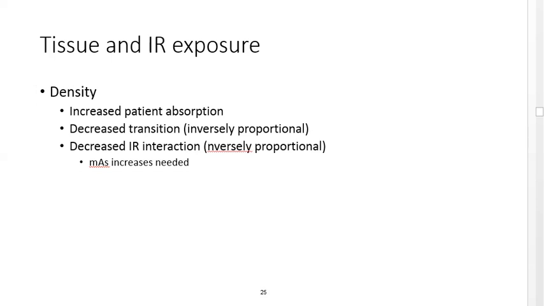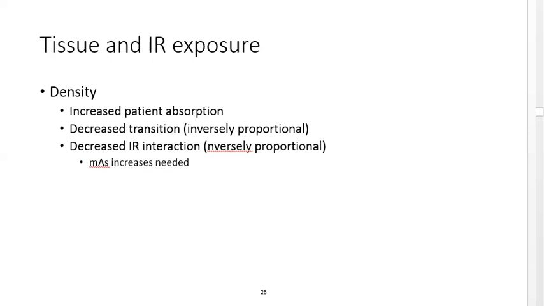So, tissue density and image receptor exposure. With an increase in density, we get an increase in patient absorption, and now we're really talking about Zeff number. As Zeff number goes up, we get increased absorption inside of the patient because we get more photoelectric interaction.